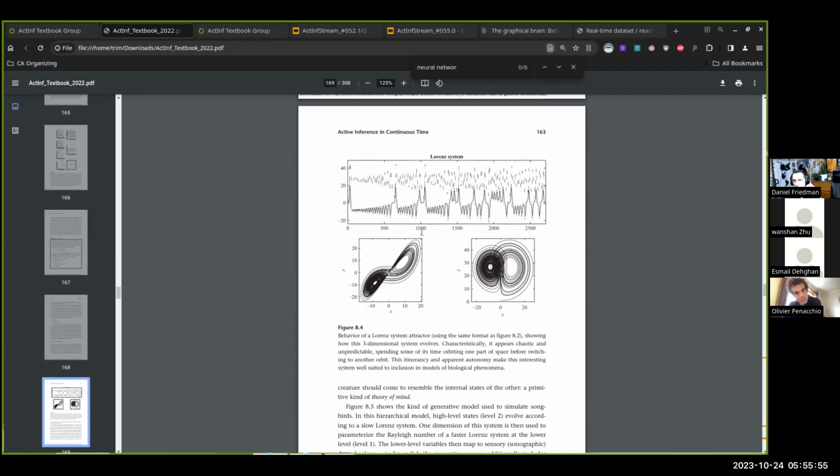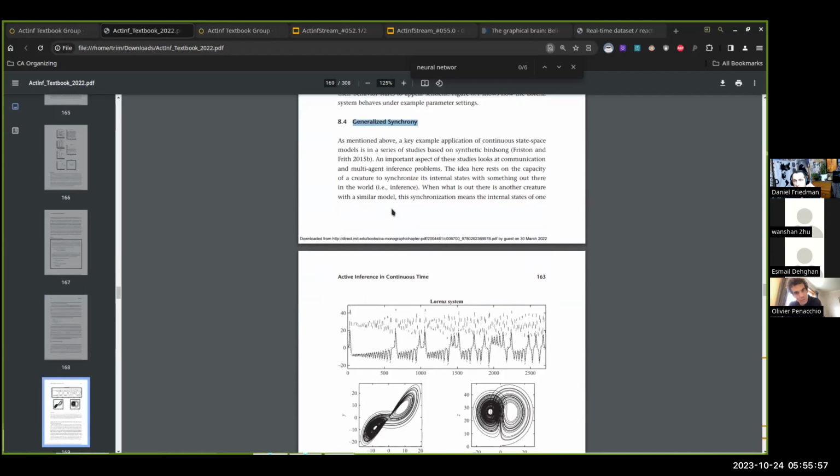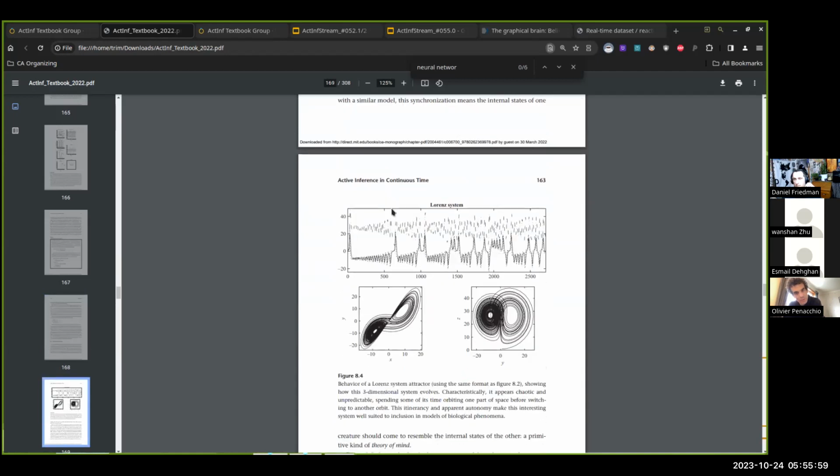It turns out that you can get generalized synchrony between two chaotic systems, between two non-chaotic systems, and so on. So you can get entrainment and generalized synchrony even when there's an analytical chaotic relationship.